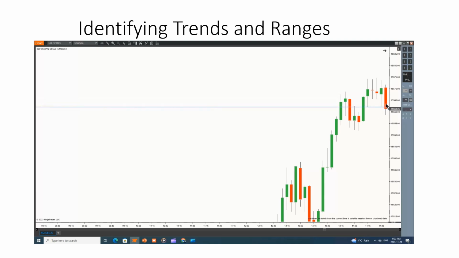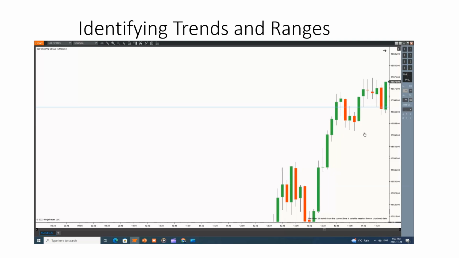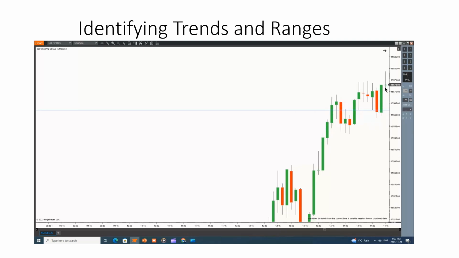Why? Because red green red red, this bar is making a new lower close. The market is in a range, red green red green red. No, the market is in an uptrend now because green red green.